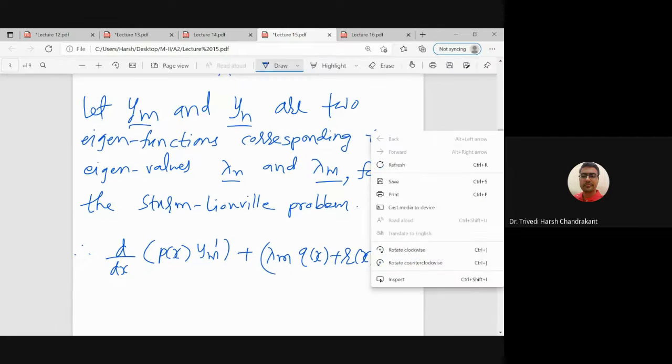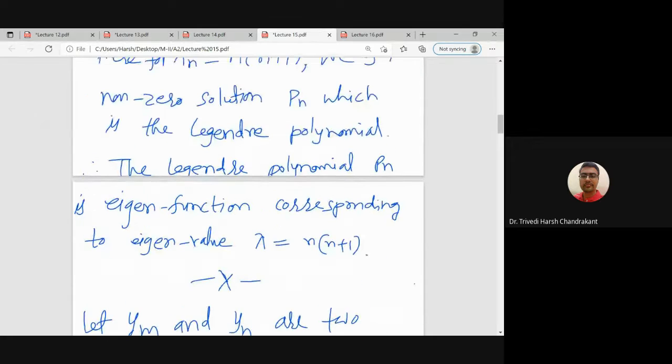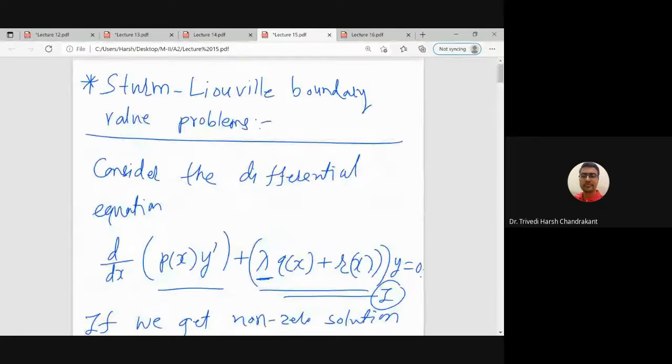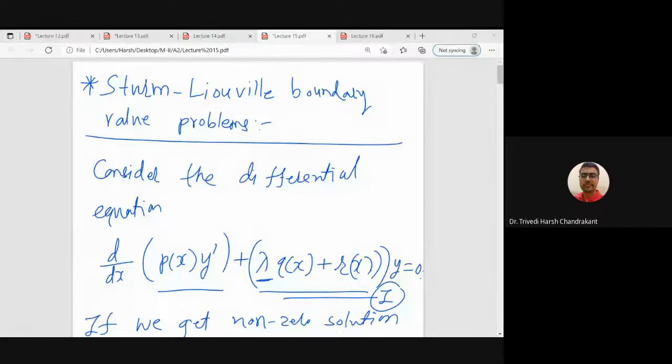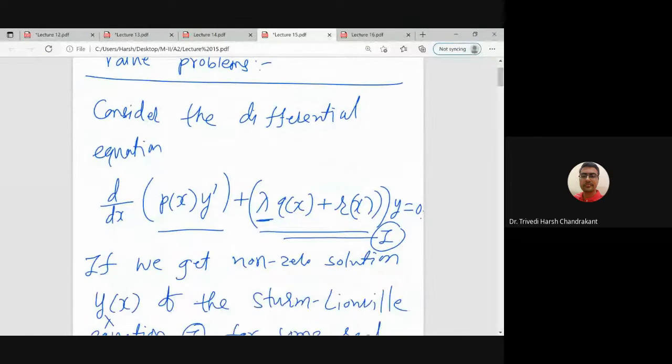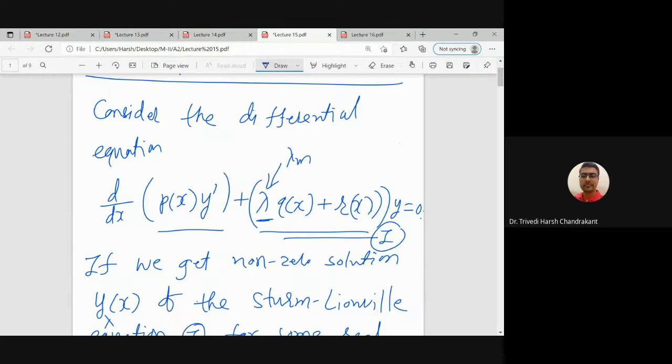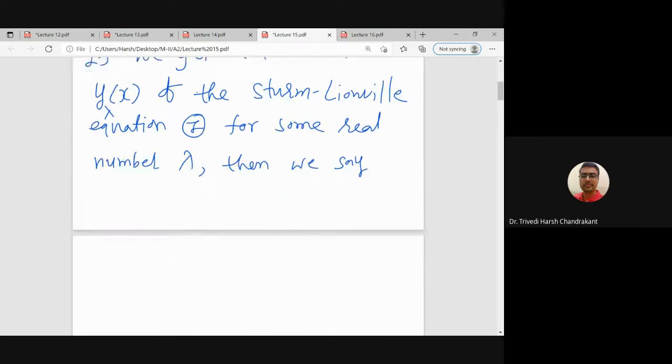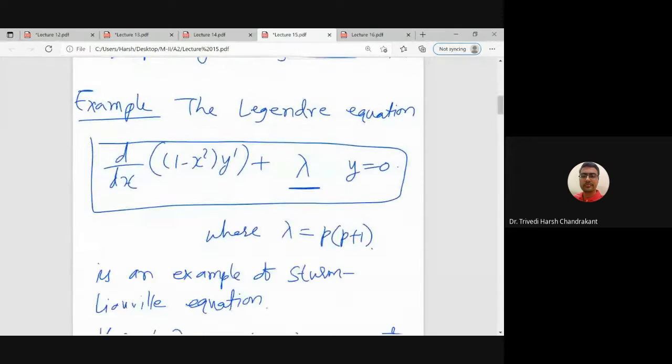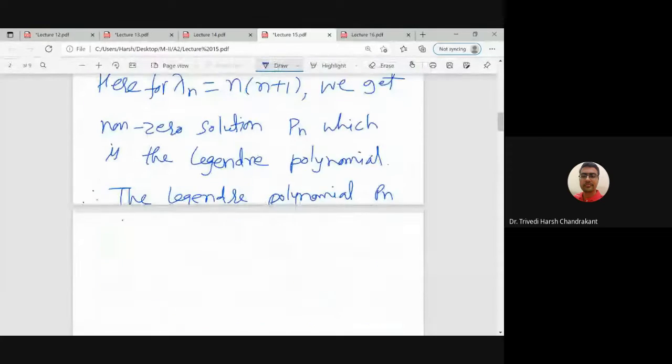So just verify that. If we substitute in this equation y equal to ym corresponding to lambda m, then we get this equation. So ym is a solution corresponding to the value lambda m.